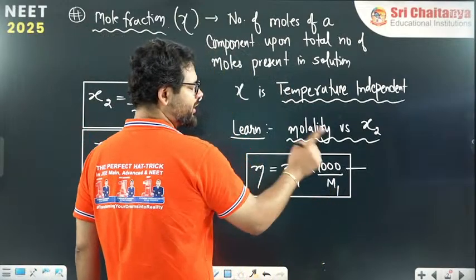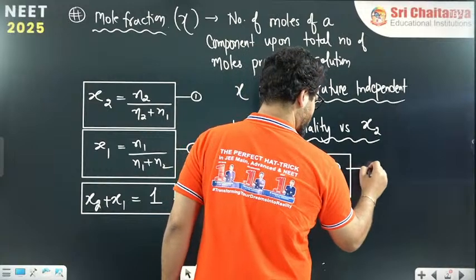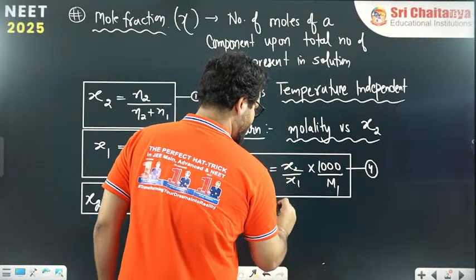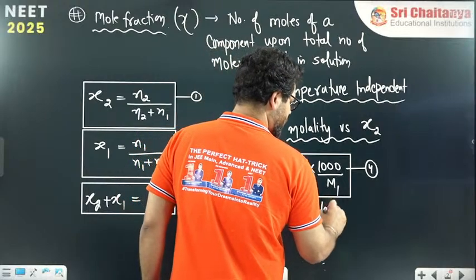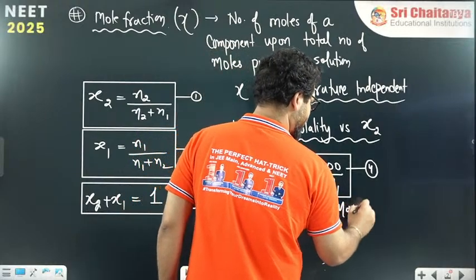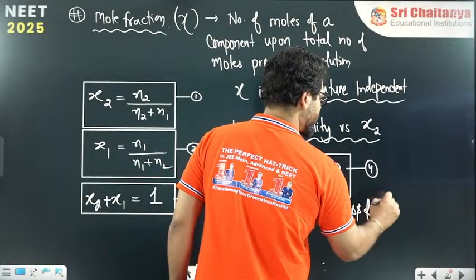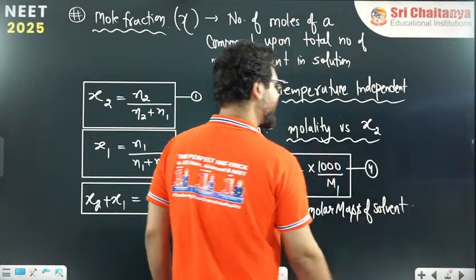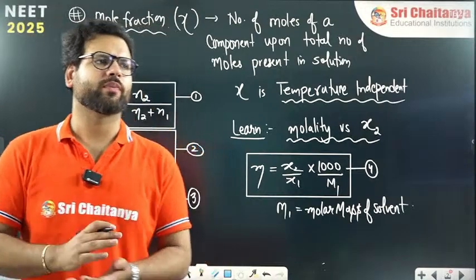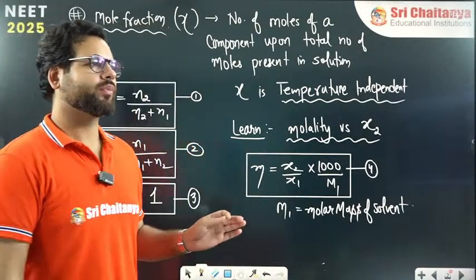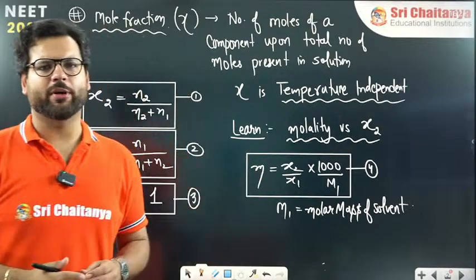Here m1 is the molar mass of solvent, not the solute. Mostly you will be taking it as 18 gram only because water will be the general solvent.